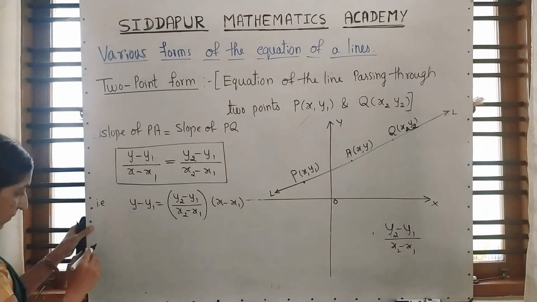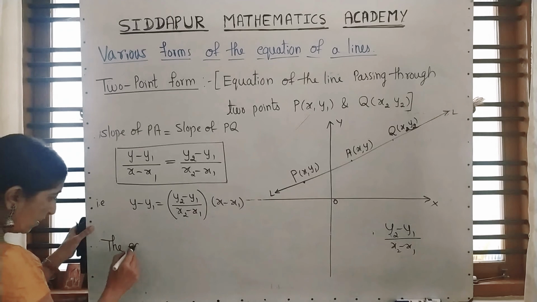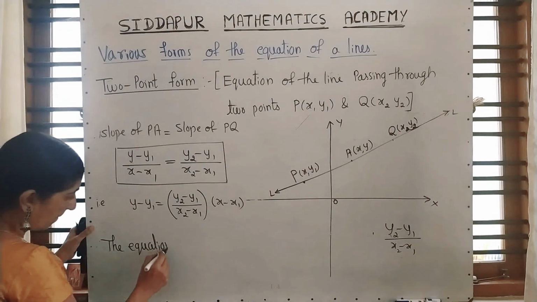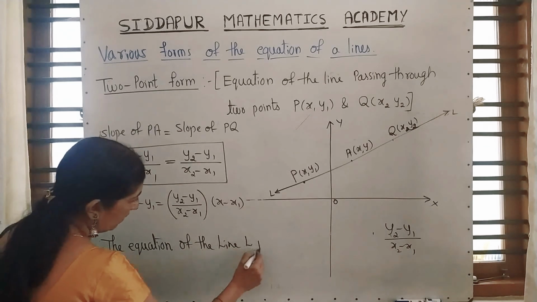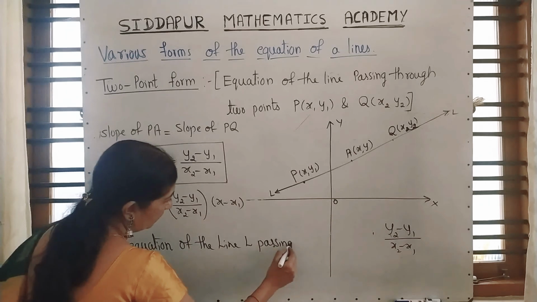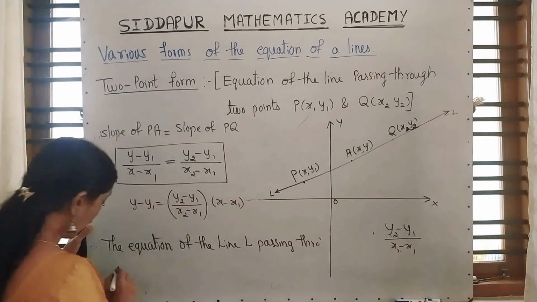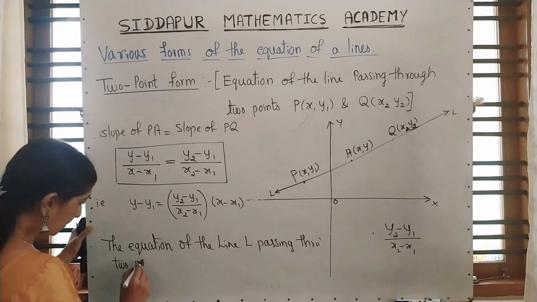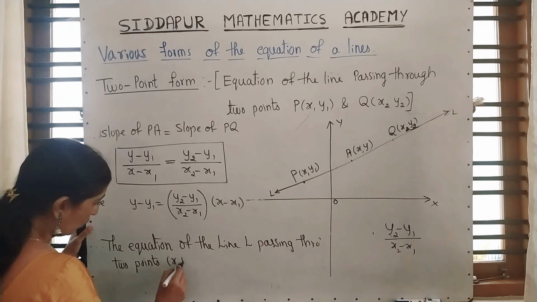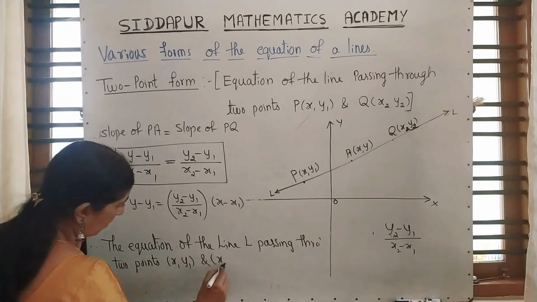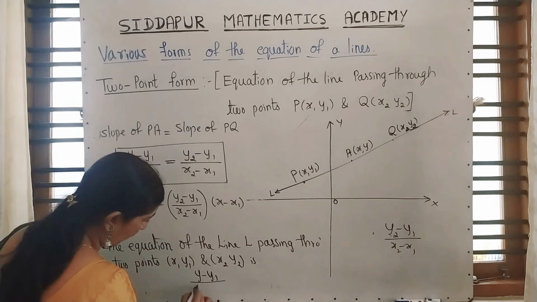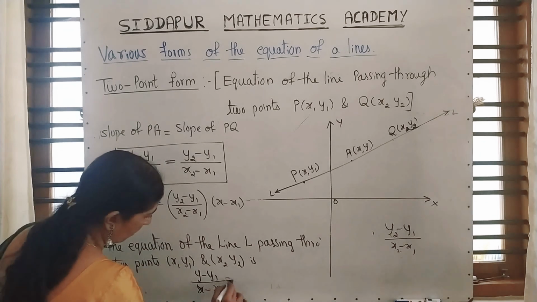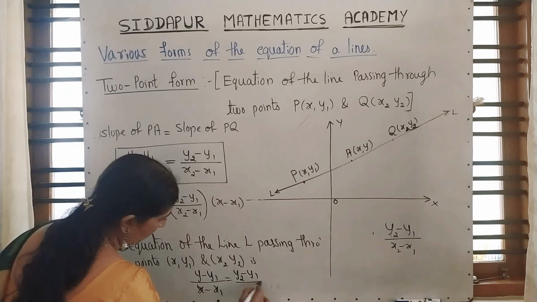I am using the top. Therefore, the equation of the line L passing through 2 points (x1, y1) and (x2, y2) is (y - y1)/(x - x1) = (y2 - y1)/(x2 - x1).